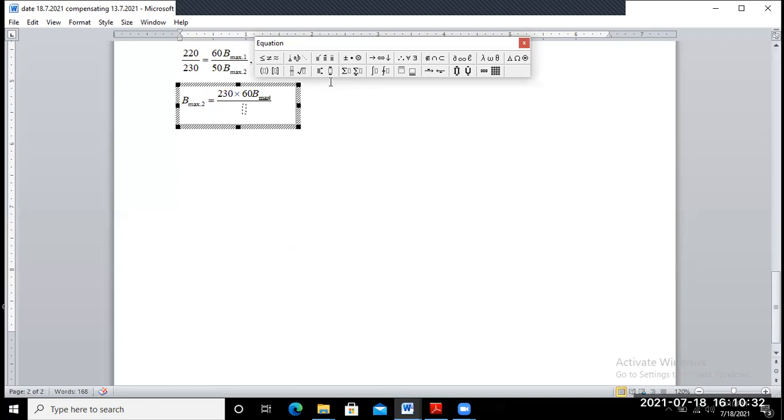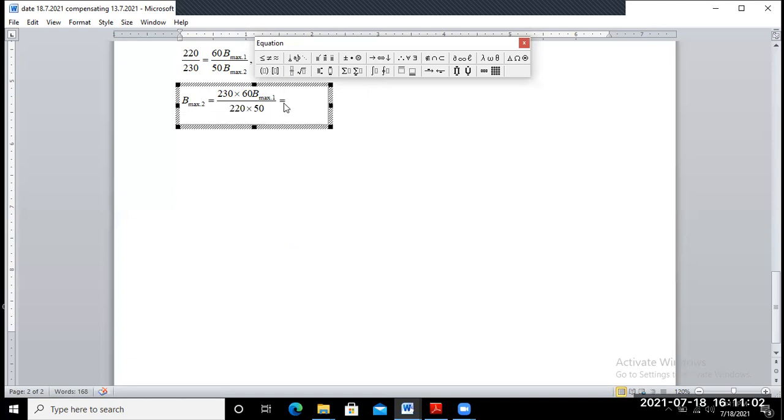B maximum 1 divided by 220 into 50. Okay. So how much is 230 into 60?